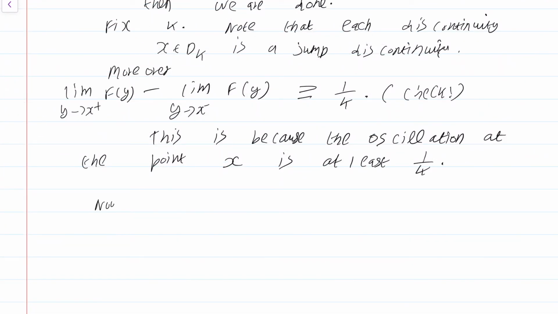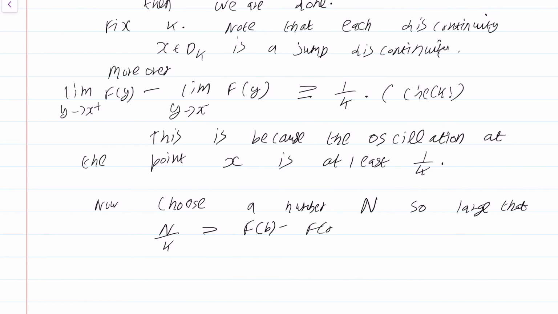Now choose a number, let's say capital N, so large that N by k is strictly greater than f of b minus f of a. This is always possible because f of b minus f of a is going to be a finite quantity.